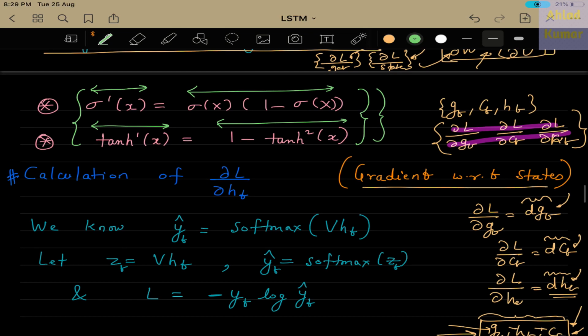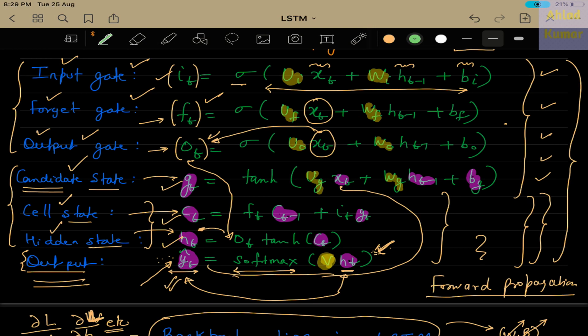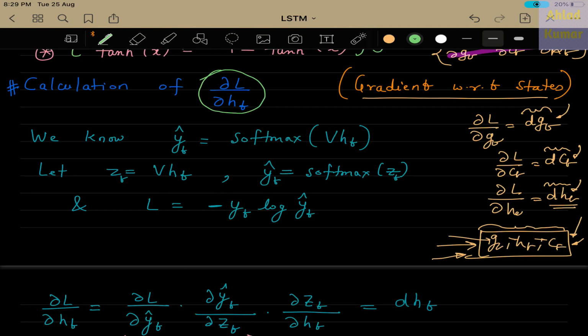The first expression that we want to calculate is the derivative of the loss with respect to HT, which is one of the hidden states. In order to calculate that, we pick up the relevant equations from the forward propagation, which are actually important in calculating the loss with respect to HT, and I am writing them here.